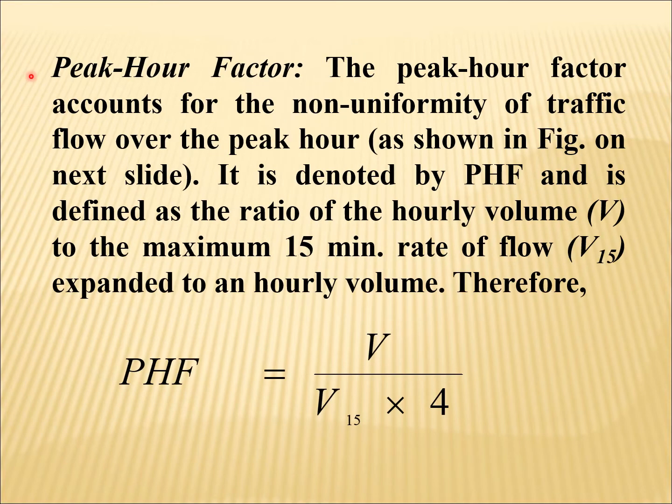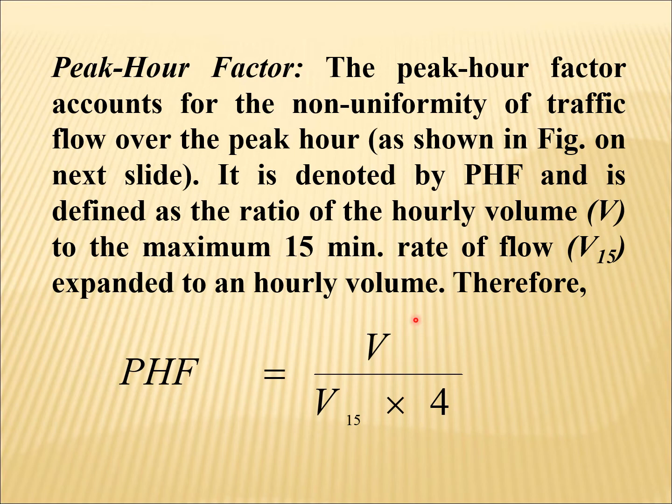Now look at this term, peak hour factor. The peak hour factor accounts for the non-uniformity of traffic flow over the peak hour, as shown in the figure on the next slide. It is denoted by PHF and is defined as the ratio of hourly volume V to the maximum 15-minute rate of flow V15 expanded to an hourly volume.